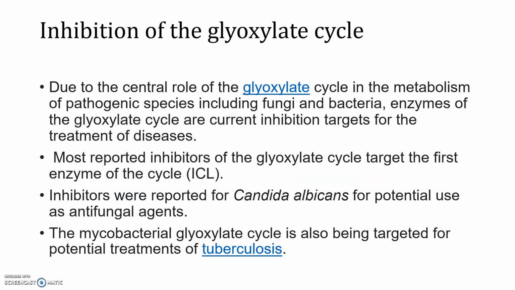Next is the inhibition of the glyoxylate cycle. Due to the central role of the glyoxylate cycle in the metabolism of pathogenic species including fungi and bacteria, enzymes of the glyoxylate cycle are current inhibition targets for the treatment of disease.